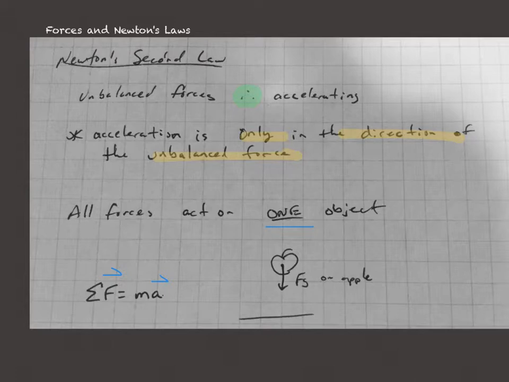If we want to include another force, such as air resistance, well, if we drop it too close to the ground, we'll have the force of air on the apple, and it will be much smaller than the force of gravity, still unbalanced. Notice the downward force is larger than the upward force, so the acceleration is in the direction of the larger force. It's pretty simple. All right. So again, two key things. First law, second law, only one object.